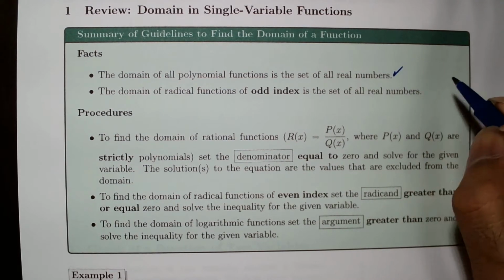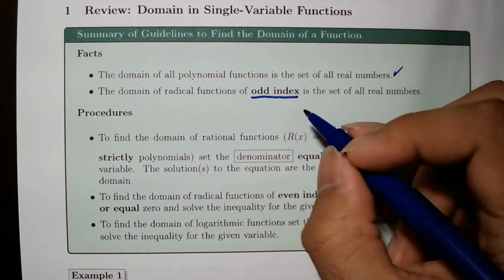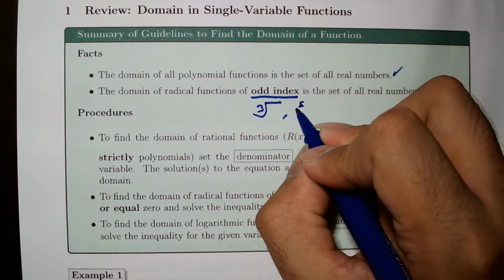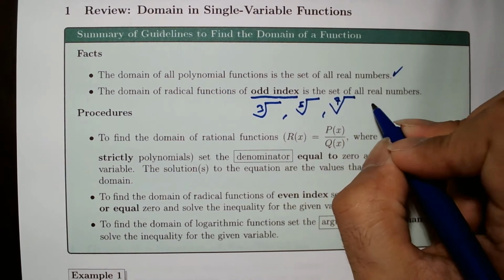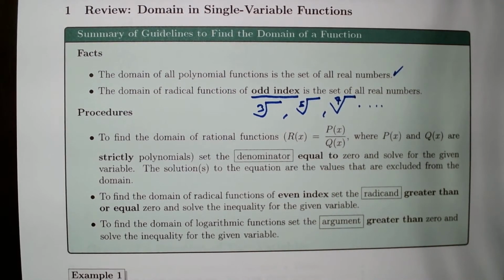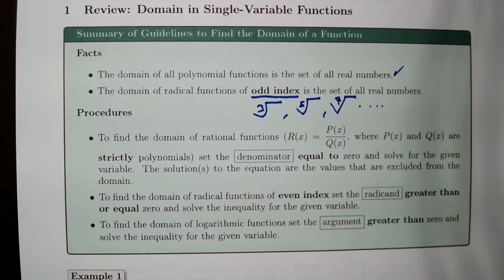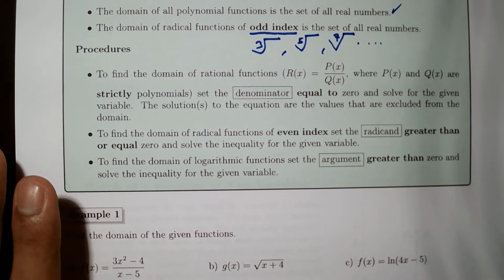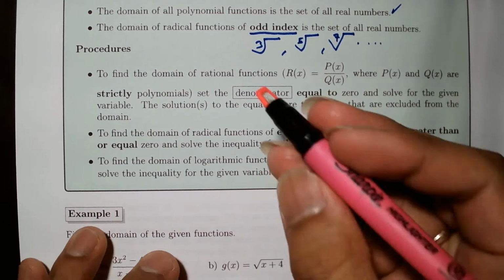And also the domain of radical functions of odd index, that is, the cube root function, the fifth root function, the seventh root function, etc. The domain of those functions is all real numbers. Now for functions that you might want to be careful with, number one, rational functions.